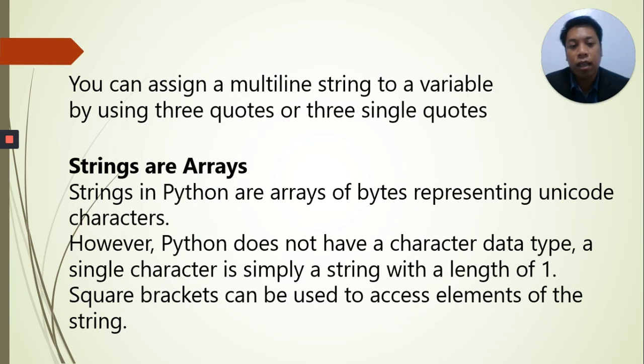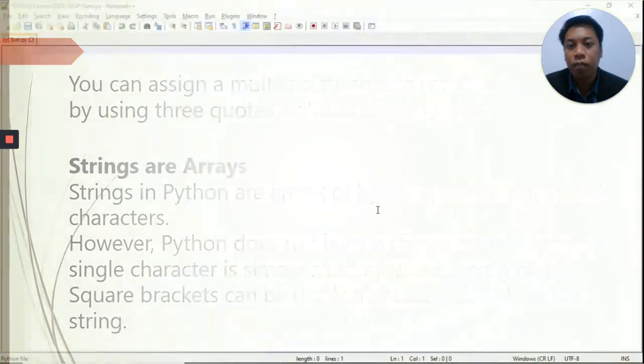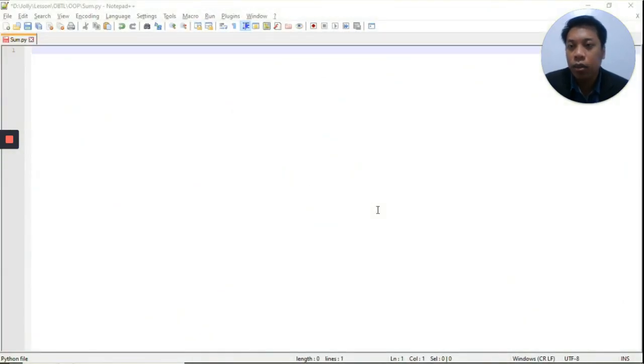However, Python does not have a character data type. That means a single character is simply a string with a length of 1. And when it comes to arrays in Python, square brackets can be used to access elements of the string. Square brackets. Now let's try to explore the string data type when it comes to Python.